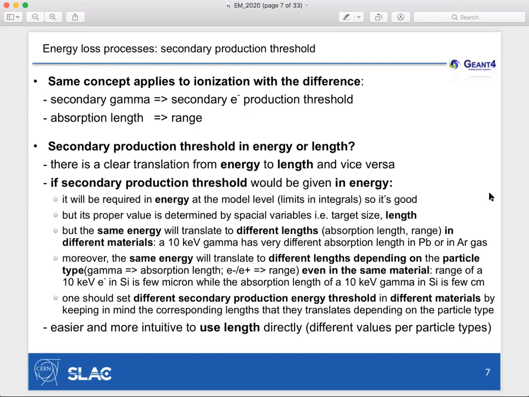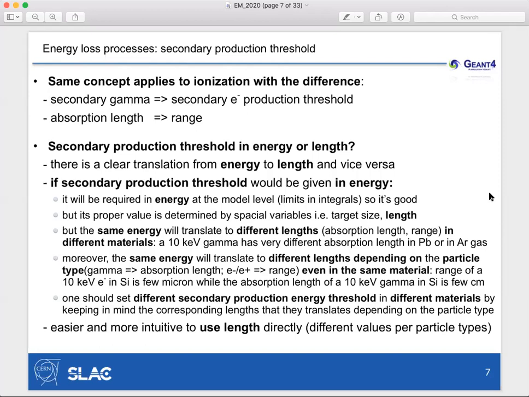So you need to select an energy that corresponds to a length, in case of Bremsstrahlung photon emission, in such a way that a secondary photon with that initial energy would still be absorbed within your volume that represents your detector volume, that represents your spatial resolution. Okay, so there is again this energy-length question.